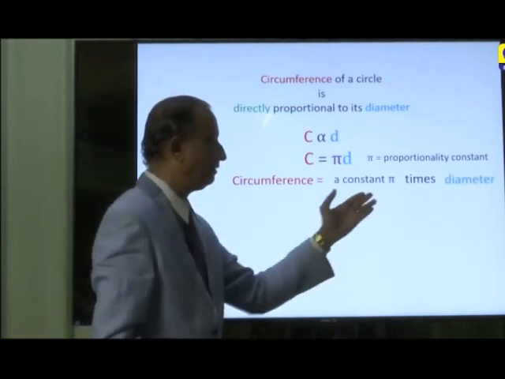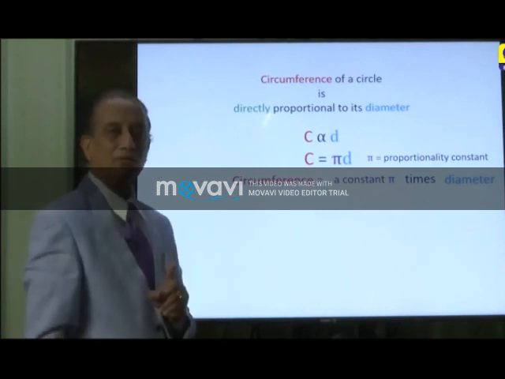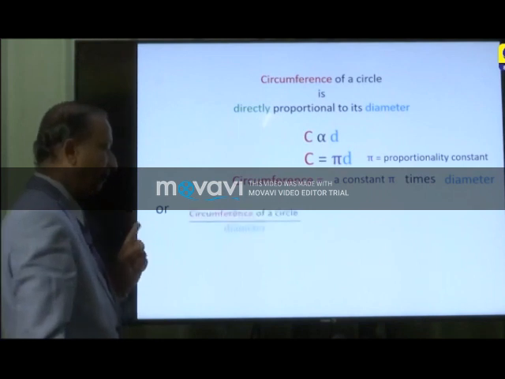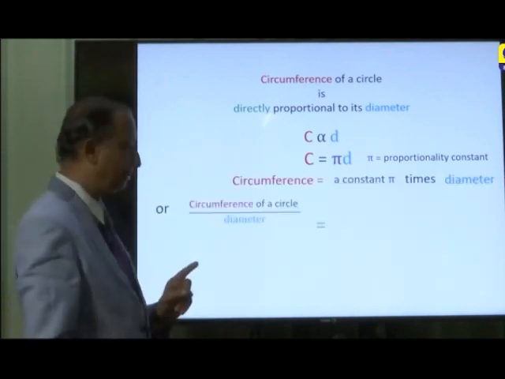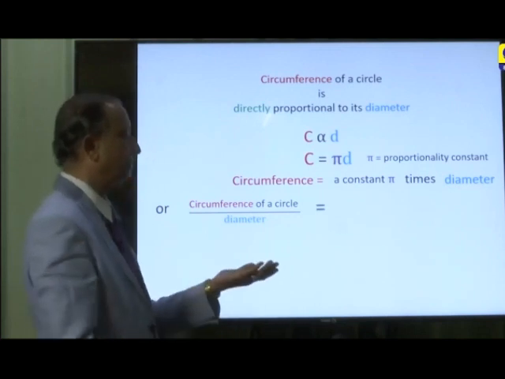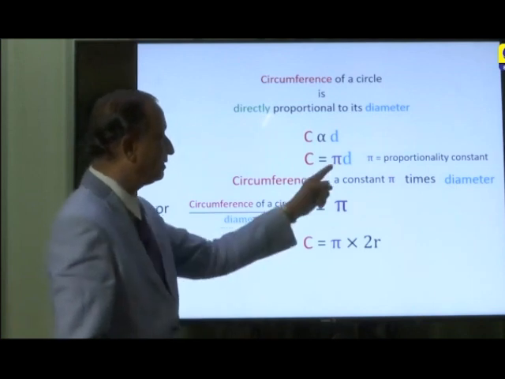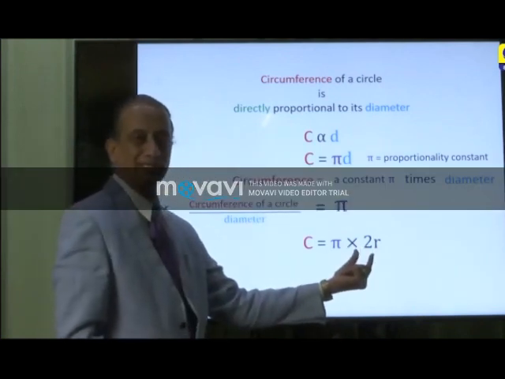If you multiply these two, diameter by a constant pi, that will be equal to the circumference of the circle. Or you can put it like this: circumference of a circle divided by diameter is nothing but the constant pi.